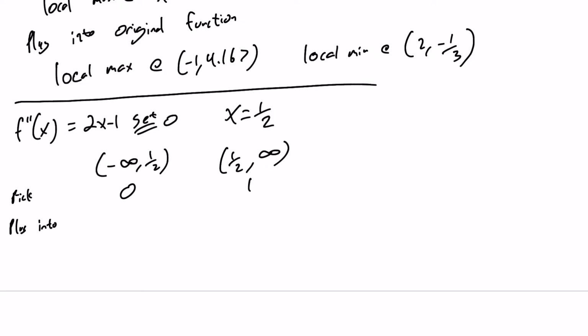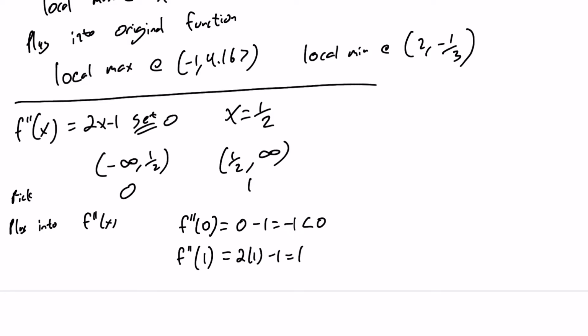And we're going to plug into the second derivative. Okay. F double prime of 0, we get 0 minus 1 is negative 1, which is less than 0. And f double prime of 1 is 2 times 1 minus 1, that's positive 1, is bigger than 0.